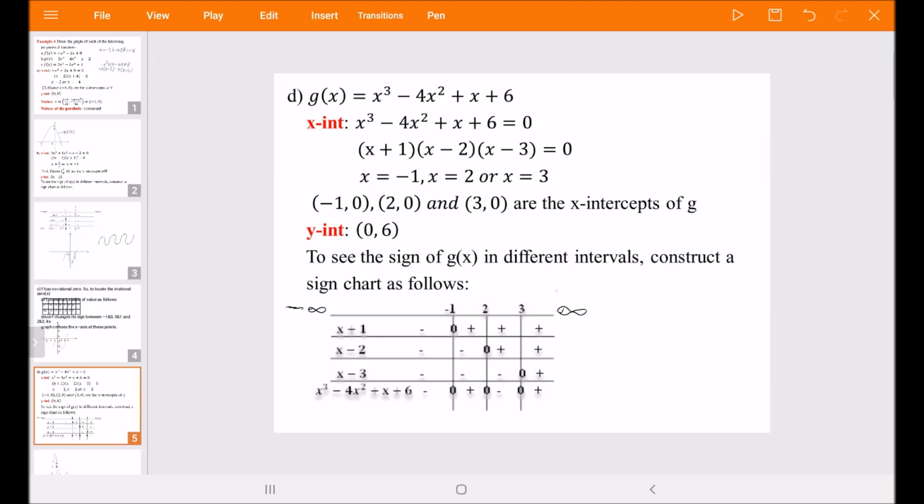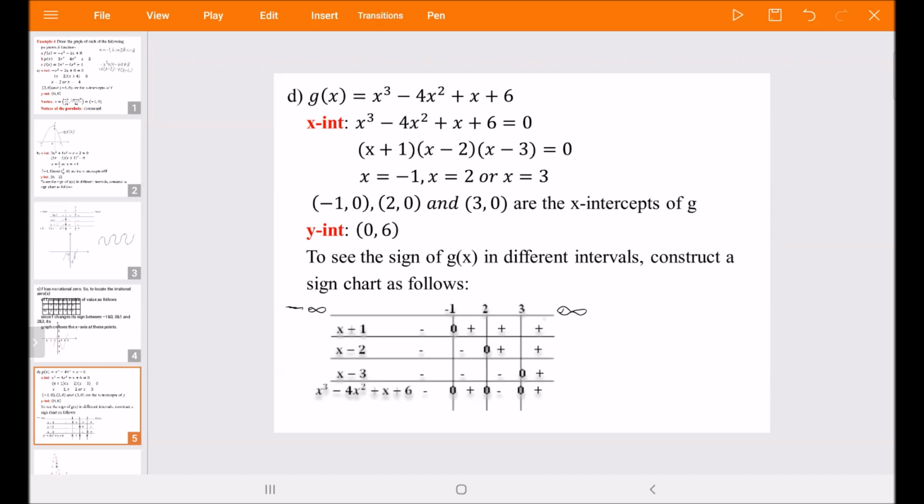Then between 2 and 3, as you can see, the sign of x plus 1 is positive, the sign of x minus 2 is positive, but the sign of x minus 3 is negative. So positive times positive is positive, positive times negative is negative. Now again, the implication of this for the graph of g of x is its graph lays below the x-axis between 2 and 3.